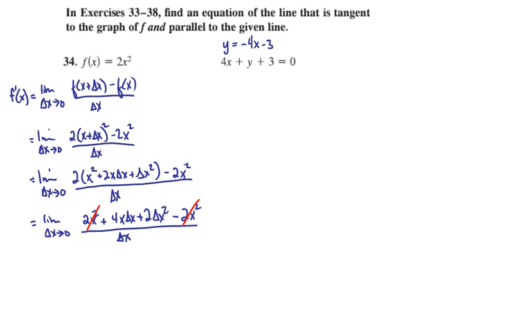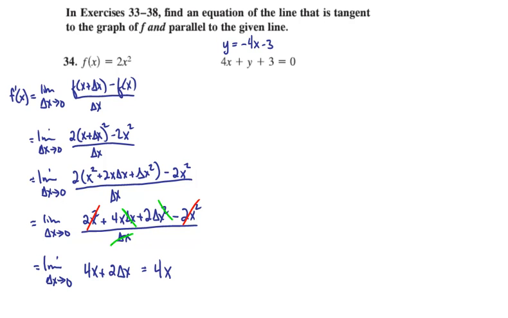So we cancel out a delta x from each term in the numerator along with the delta x in the denominator, and that simply leaves 4x plus 2 delta x. Plugging in delta x is 0, we only get 4x. And that is the function that will give you the slope of the tangent line to 2x squared for any value of x that you're looking for.